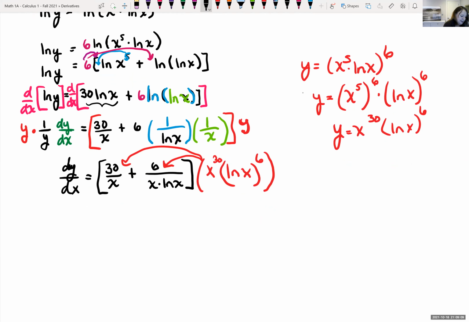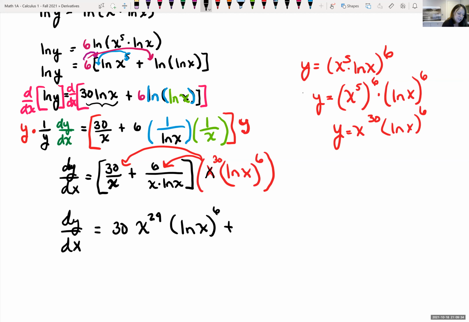So we have dy/dx equals 30. But notice I have an x in the denominator here times this x to the 30th. So it will simplify to x to the 29th power. And then I have times the natural log of x, and that all raised to the 6th.